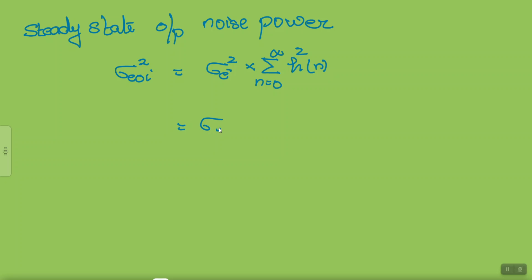So sigma e square into, taking the sum of h of n square as 1 by 2 pi j, which is the inverse of the Z transform, over the contour c of h of z into h of z raised to minus 1 into z raised to minus 1 dz, using Parseval's theorem.